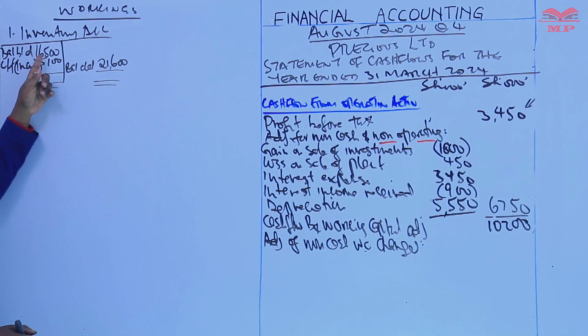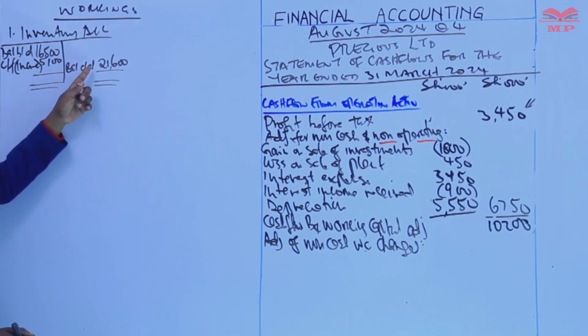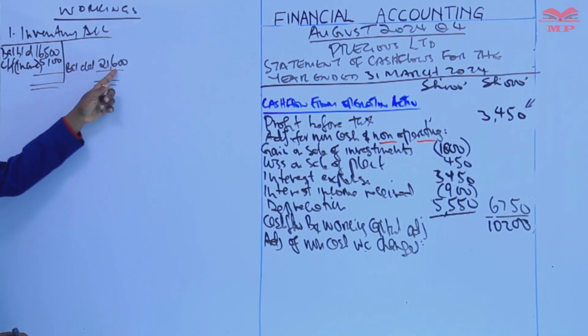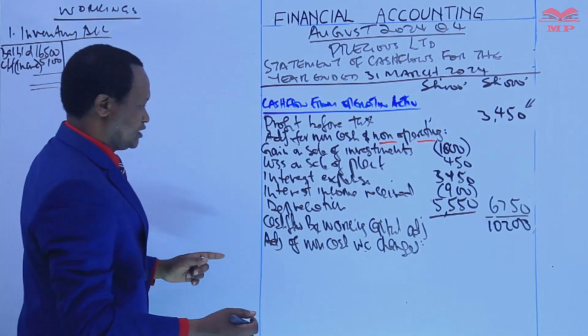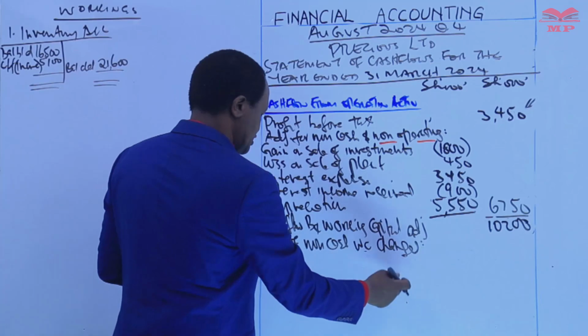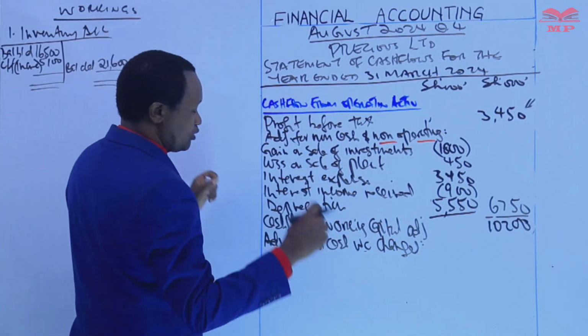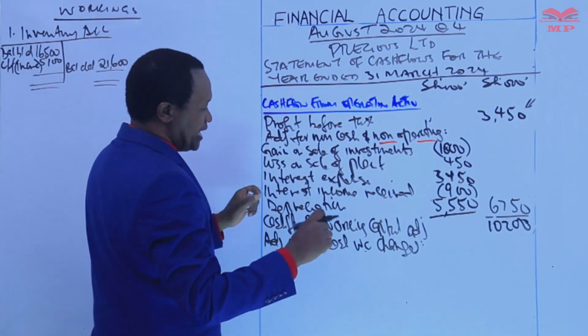There is 16 million at the beginning, then 21.6 million at the end. So there is an increase. Do you see that? Increase in inventory. That is the first change. Working capital changes. Inventory is a working capital item, a current asset.